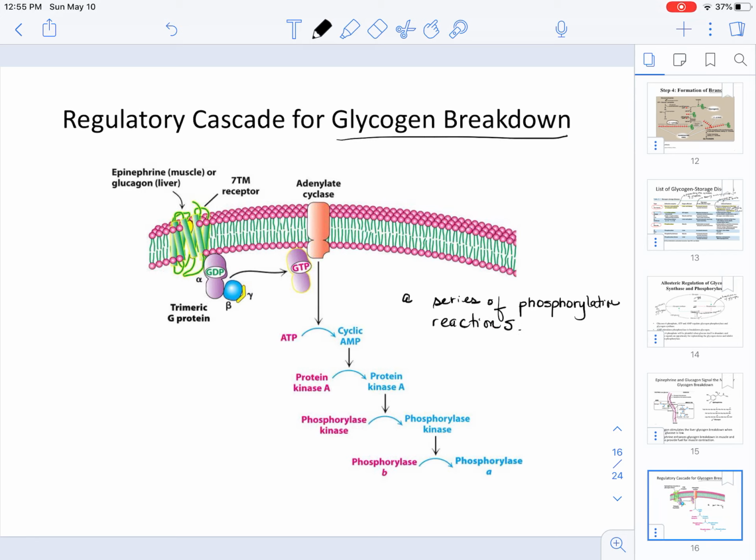And this series of phosphorylation reactions, as you can see, is going to lead to the activation of phosphorylase. So when we have a regulatory cascade, that is regulated through phosphorylation reactions.